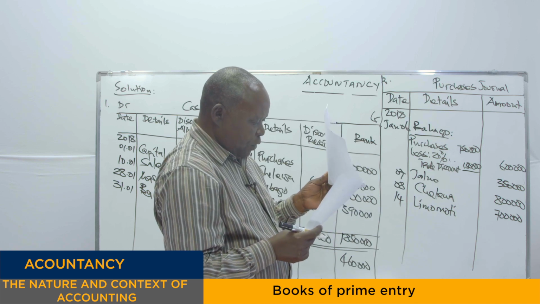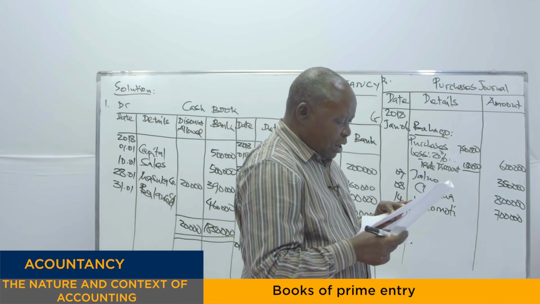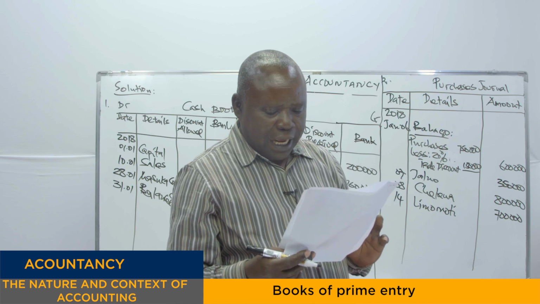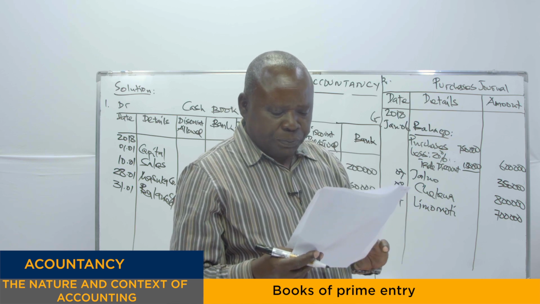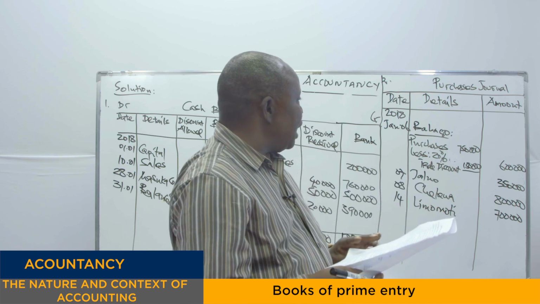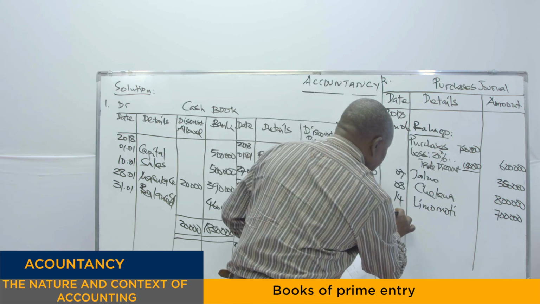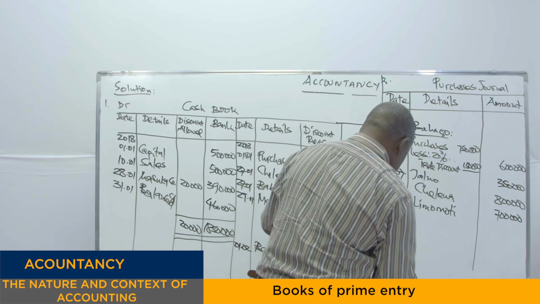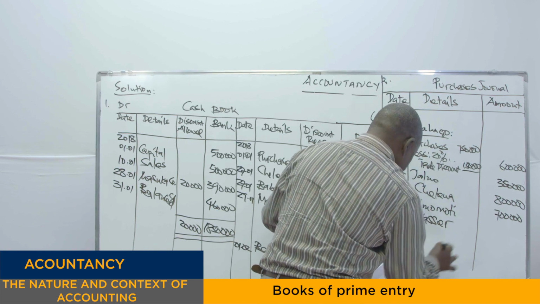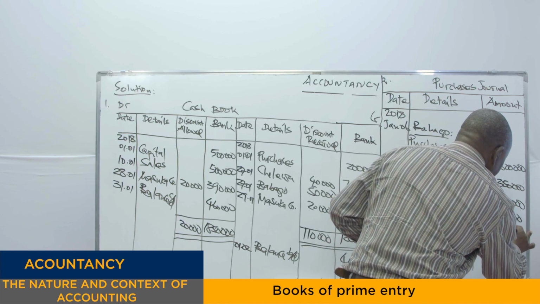Then on the 15th, we bought goods on credit from NASA, Tanzania shillings 250,000. We don't have a trade discount here. We just write it directly to the amount column. So we write here on the 15th, then NASA, shillings 250,000.